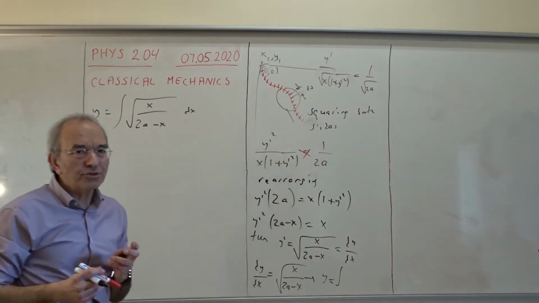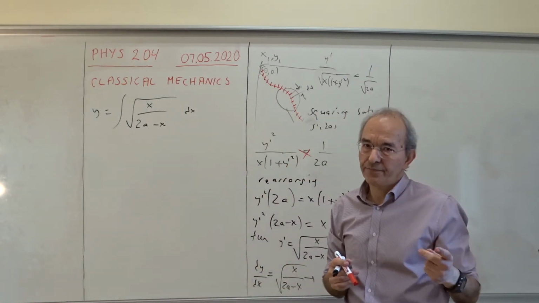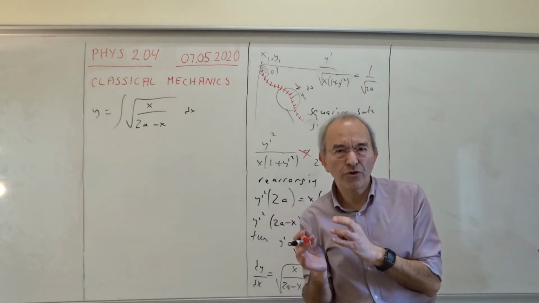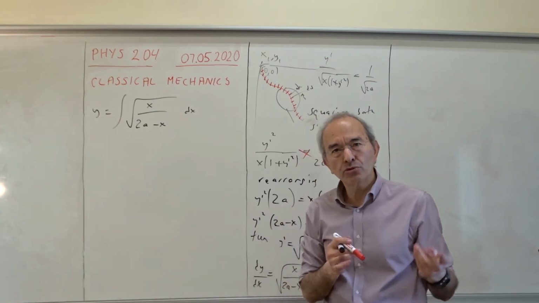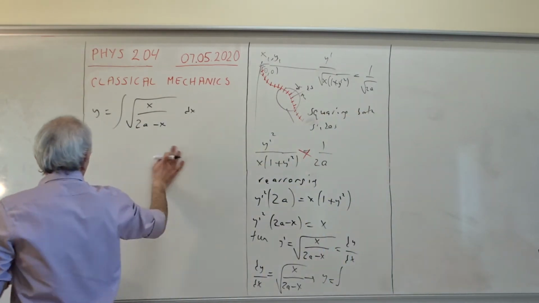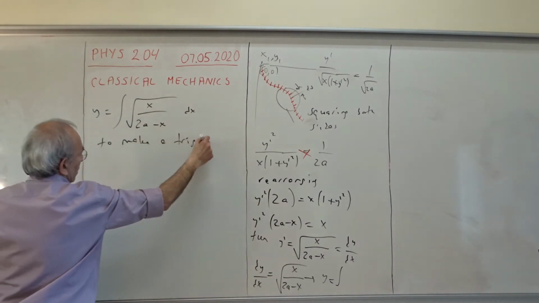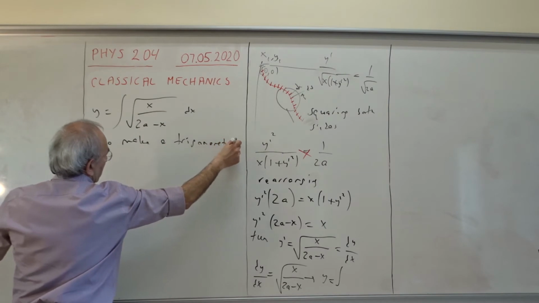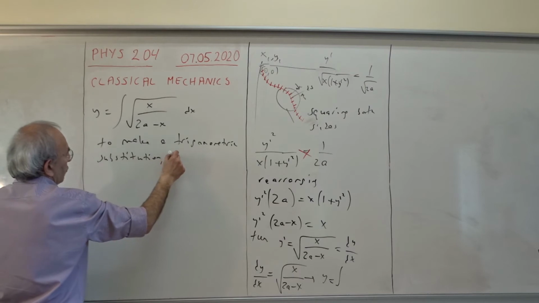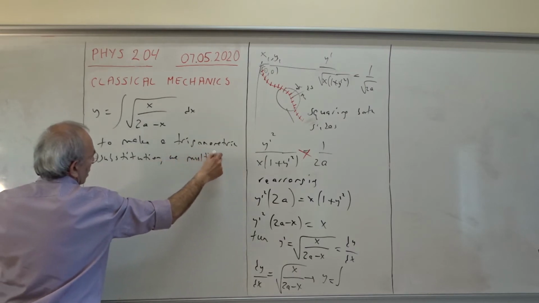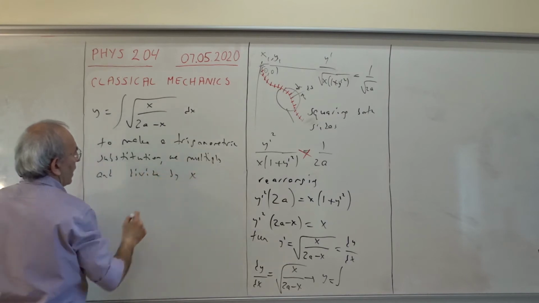So now there is one more trick here. Again, we will multiply and divide by the same thing, x, to put it in a square form so that we will apply some trigonometric substitution. To make a trigonometric substitution, we multiply and divide by x.